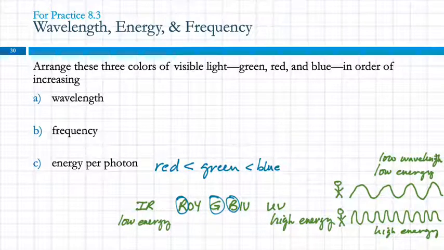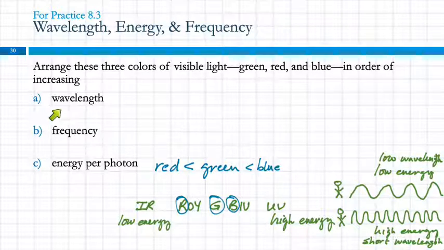It's shorter. And this is the high wavelength, or long wavelength, right? I'm sorry. Short wavelength. High, low, short, and long. This is so confusing.